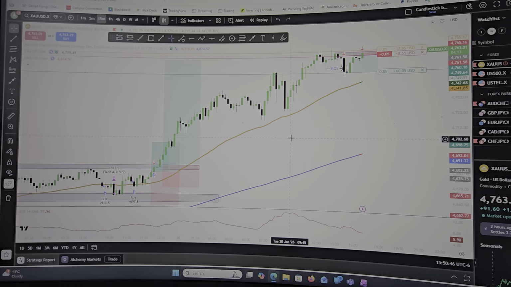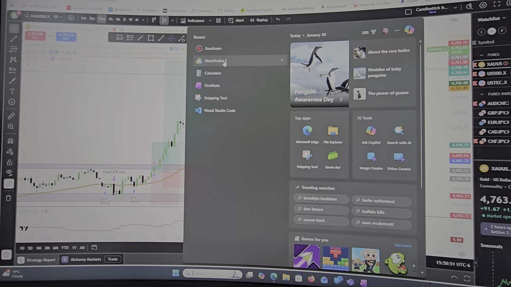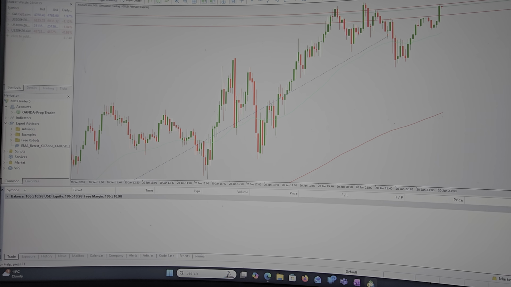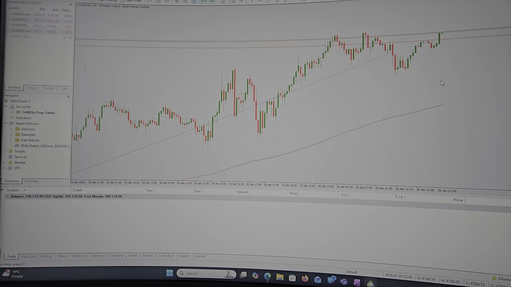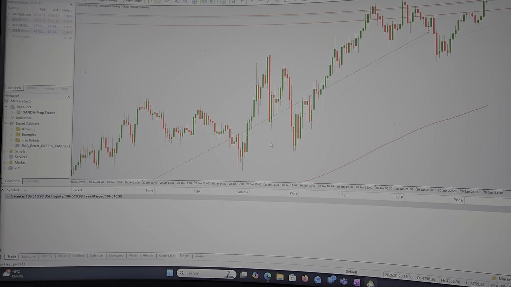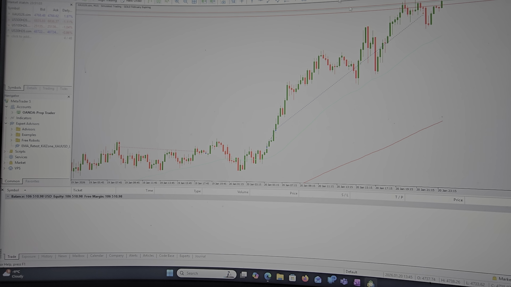We made $75 on FXify, and we also took the same trade on FTMO, which as we can clearly see right here, is the same trade. Let's put this on 15 minutes.